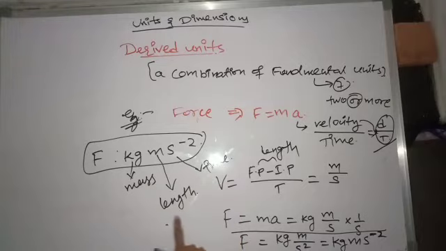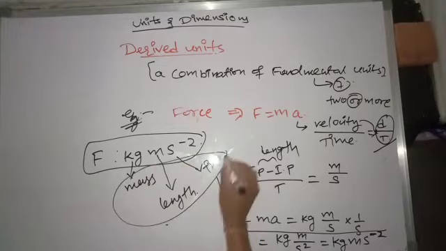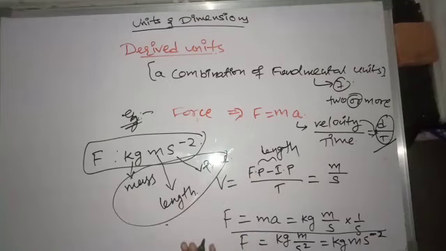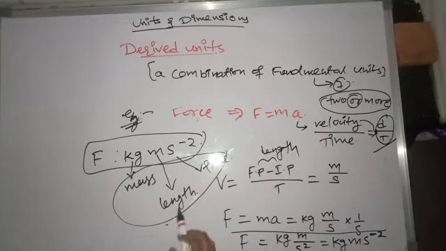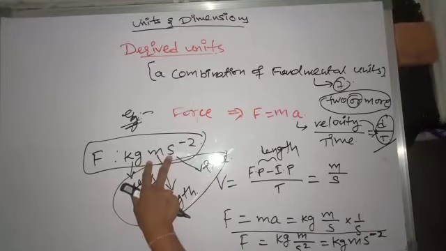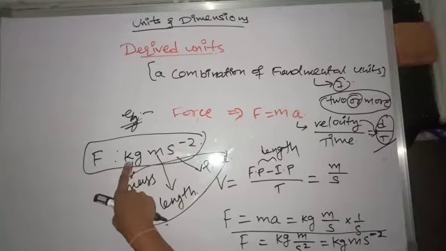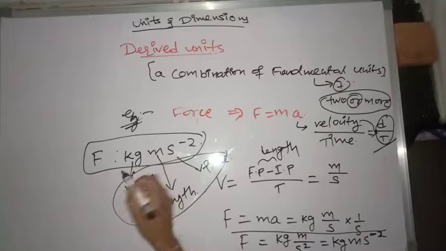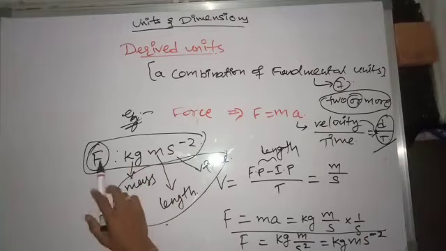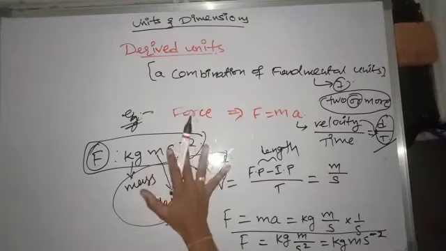That means a combination of these 3 physical quantities is known as derived physical quantities, where we combine 2 or more physical quantities. The units used for measuring these combined physical quantities are known as derived units. Here kg meter per second square is combined together to derive the unit for force. These are about derived units.